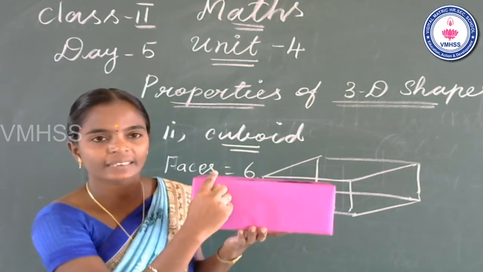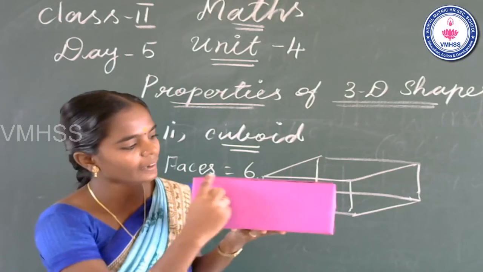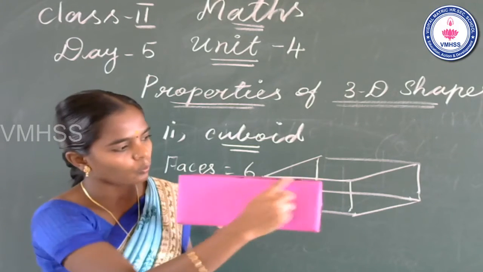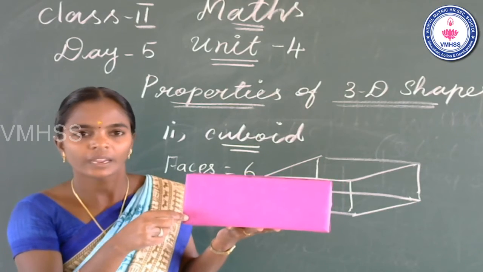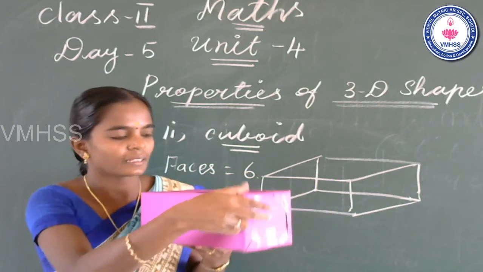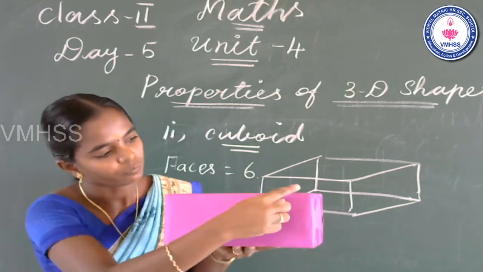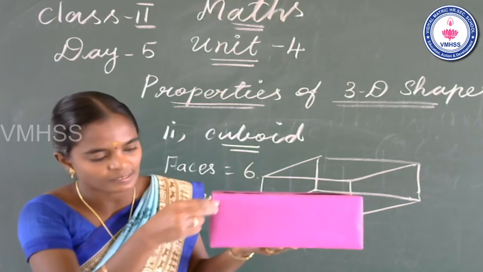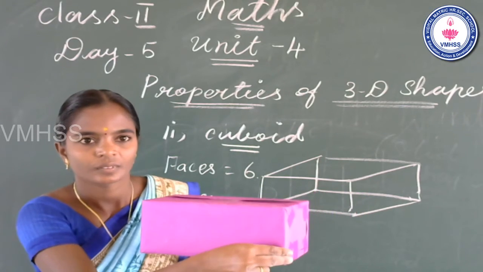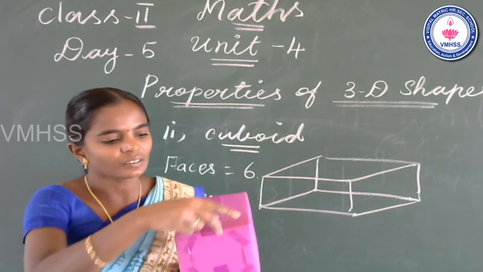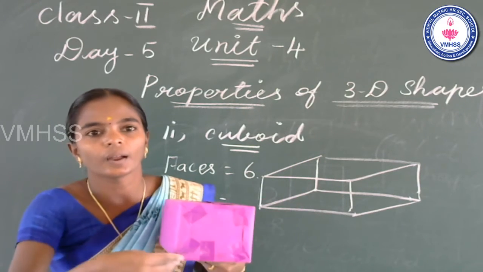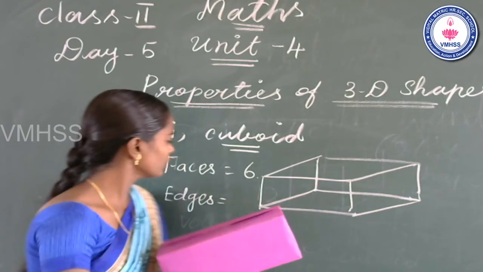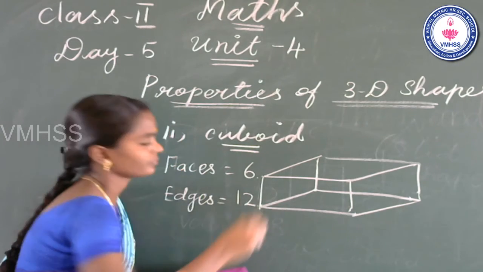This one edge. 1, 2, 3, 4. So 4 edges. Next this side 5, 6, 7, 8. 8 edges. Next 9, 10, 11, 12. So there are 12 edges.